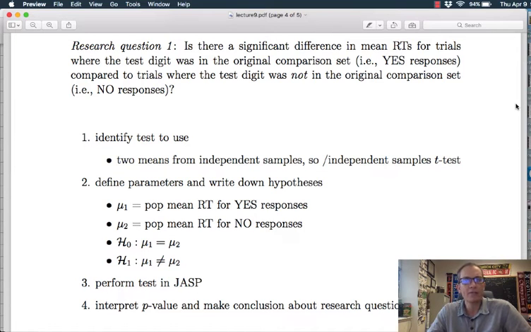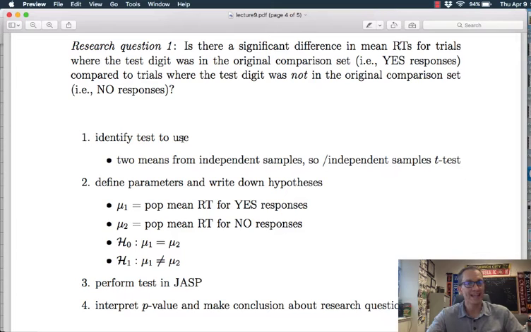Is there a significant difference in the mean RTs, so again, response times, for trials where the test digit was in the original comparison set, so yes responses, compared to trials where the test digit was not in the original comparison set, so the no responses? Basically, are the yes responses different in terms of speed than the no responses? So you have two means from these two independent samples.